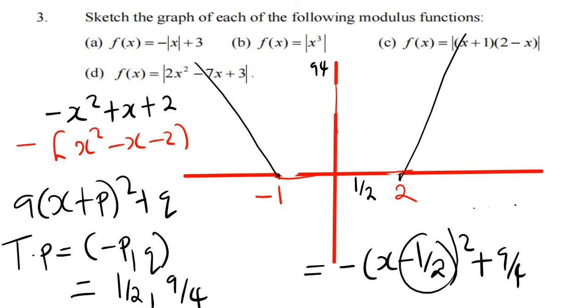Initially, our graph was supposed to go down just like any other quadratic, but because for modulus you are supposed to have positive numbers, so in this case it's going to be flipped in the other direction like that. That's what we're talking about. Yes, so basically that, then you go like that.